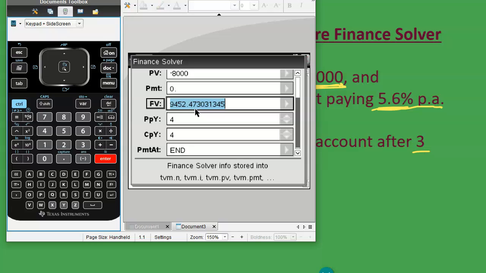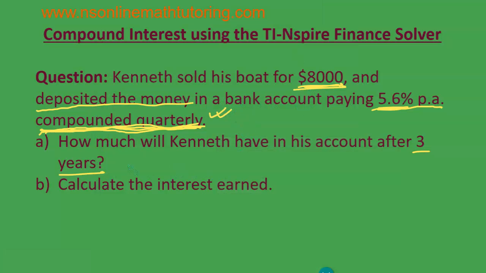This is the amount. So this is our answer for the first question, first subpart rather.